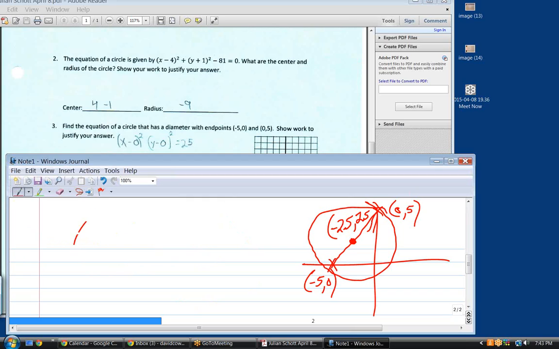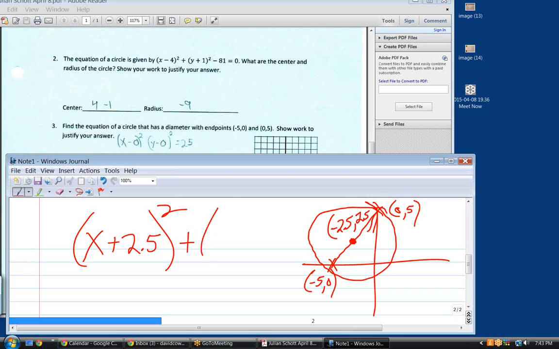The equation is x minus, is it 2.5? Minus a minus 2.5, so x plus 2.5, squared. I just wrote it like that to show you how you get that. And then you have to square that. In other words, h has to be minus 2.5, and it's x minus h, so it's x minus a minus, so it becomes plus.